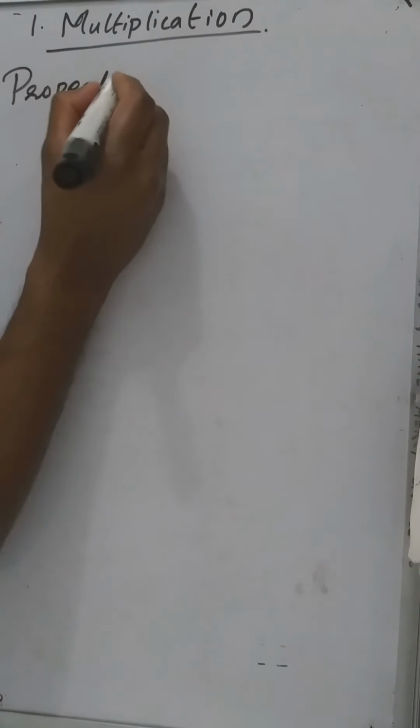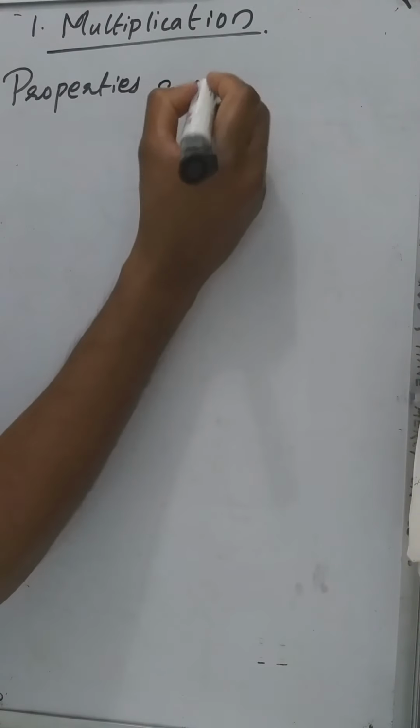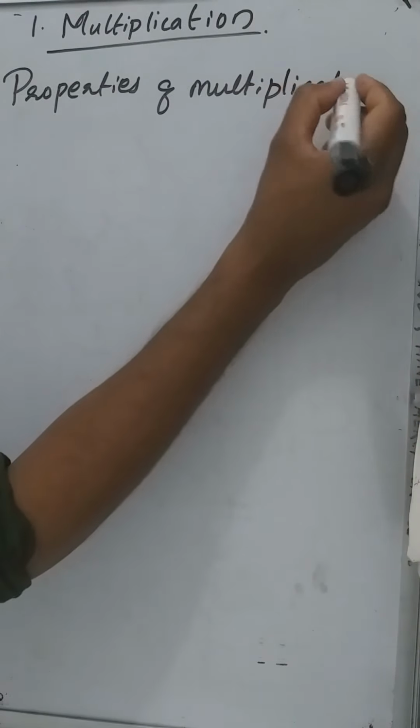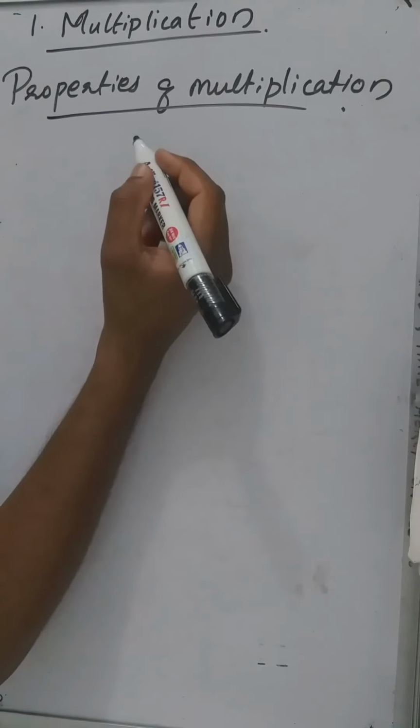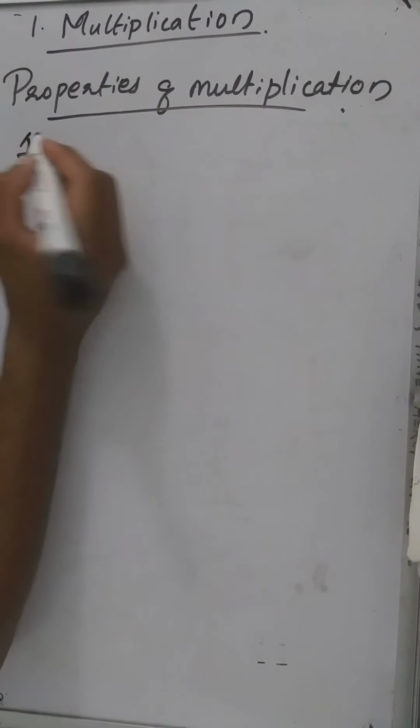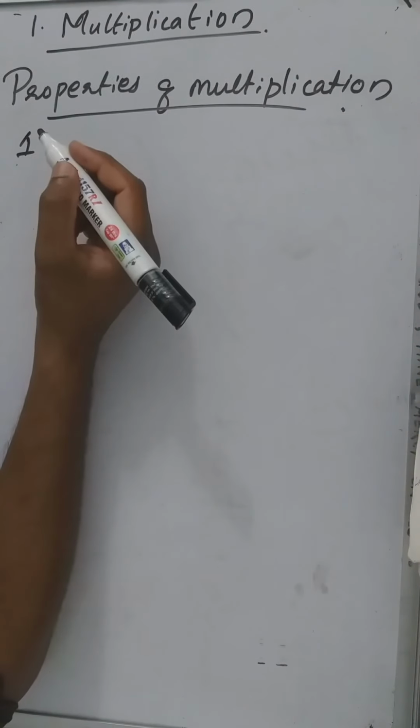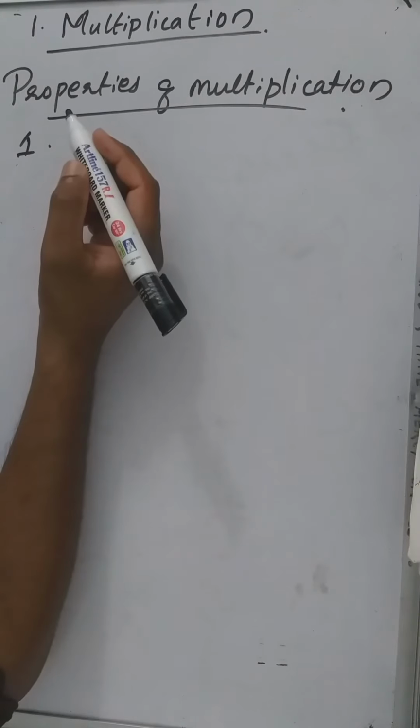Now let's learn some properties of multiplication. The first property is if you multiply any number with 0, the answer is 0.